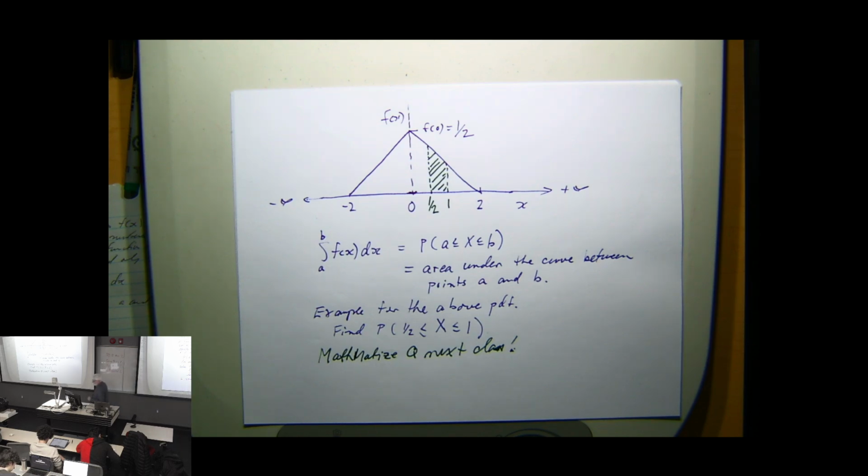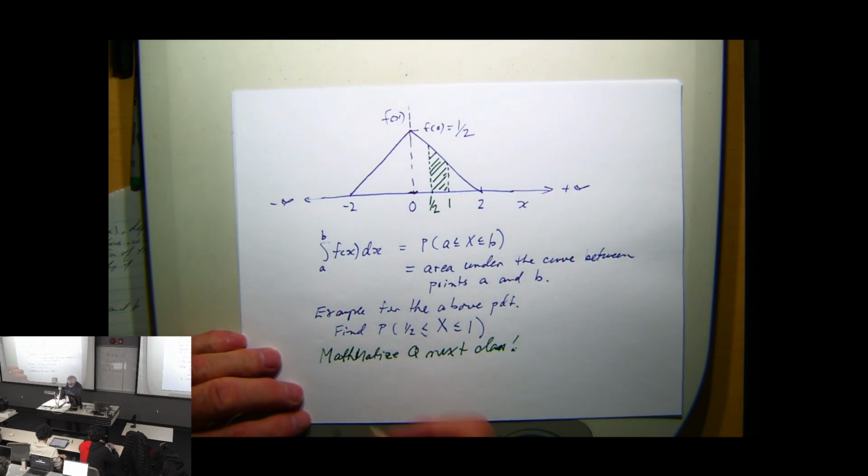Okay. Let's do the probability from 1 to 2. That's the next one. Same deal, but easier.